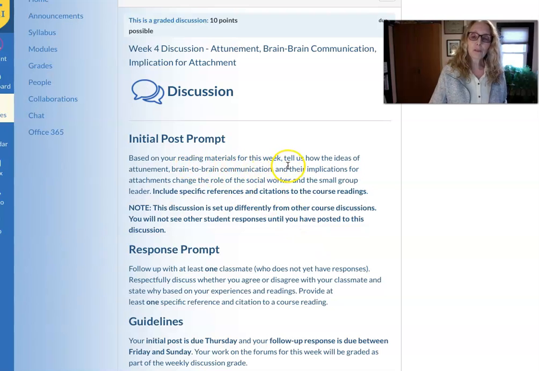Now, based on the reading material, tell us how the ideas of attunement, brain-to-brain communication, and their implications for attachment change or inform the role of the social worker and the small group leader. So that's asking you to apply these ideas to a social worker and also to a small group leader. You will respond to one classmate.